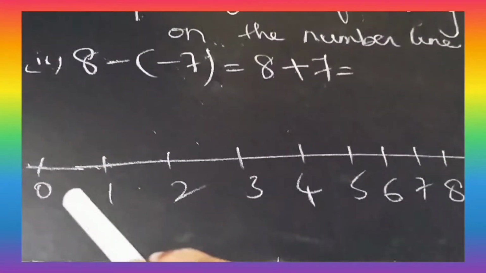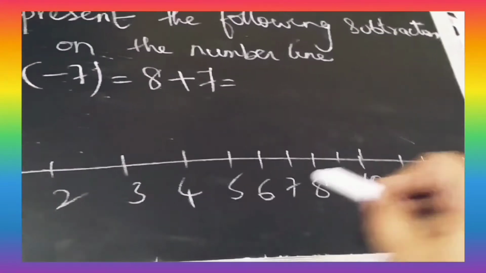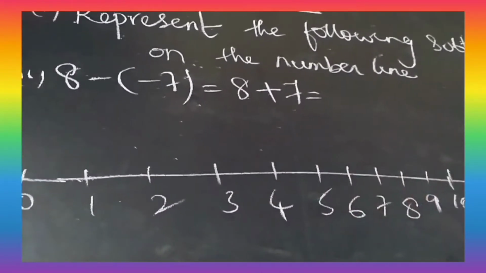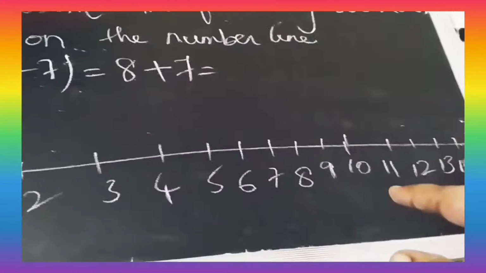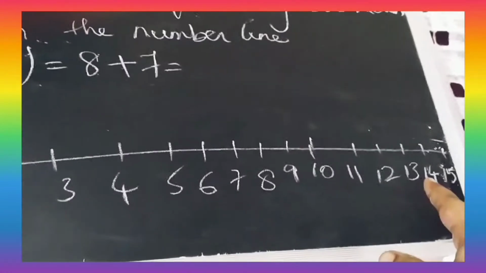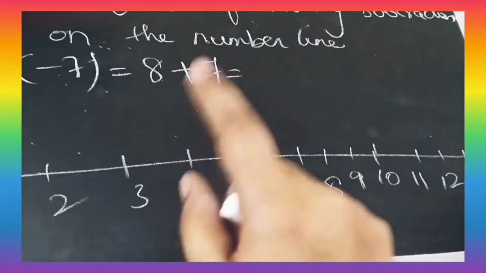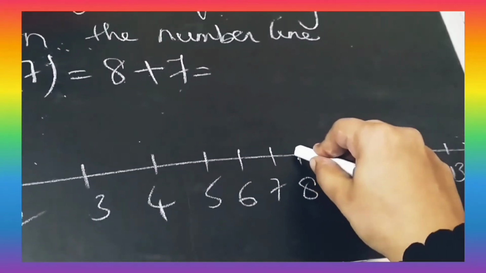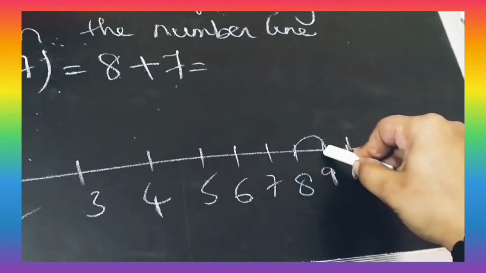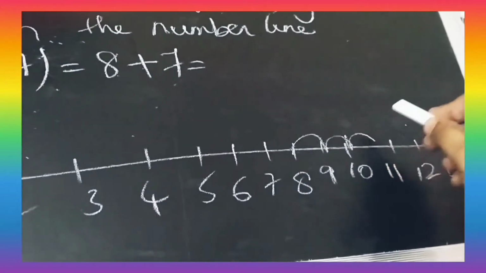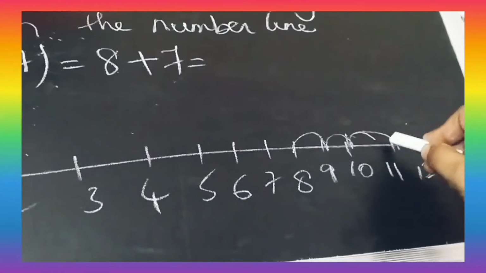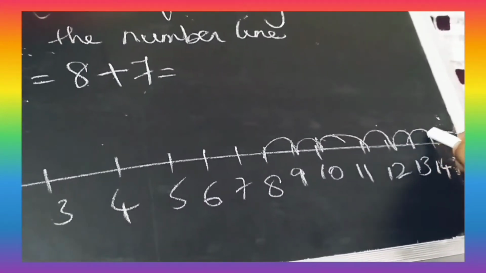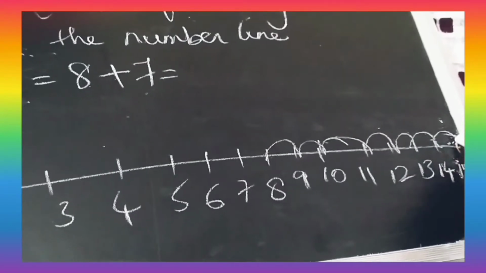So here again we are drawing a number line. Positive numbers we have to write on the right side. 1, 2, 3, 4, 5, 6, 7, 8, till 15 I am writing. 8 plus 7 means you have to move the curves on the right side. So here 7 times we are moving the curve. 1, 2, 3, 4, 5, 6, here 7.